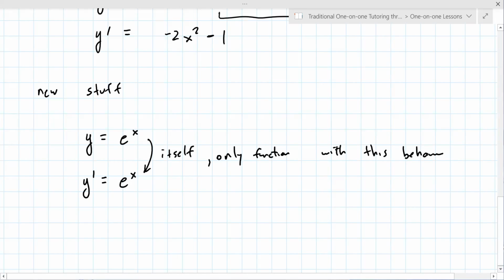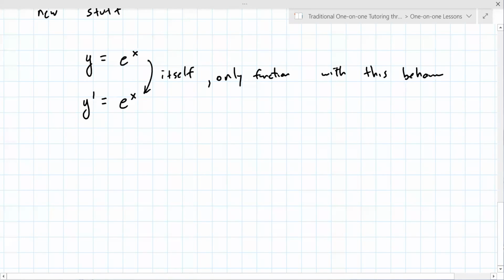I do not understand this. Well, this is a rule, I guess. This is a derivative rule. So we're going to go through polynomials, which we've talked a lot about.